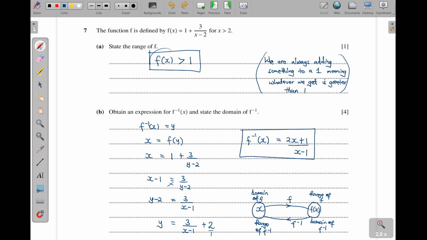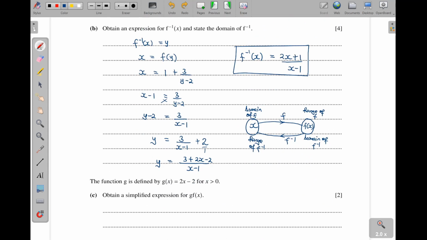We replace this f of x with the x, the independent variable of this inverse of the function. So I will therefore say the domain of f inverse here is going to be x greater than 1.